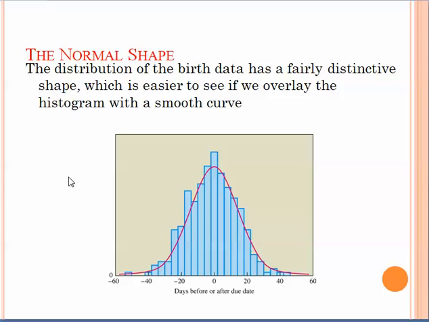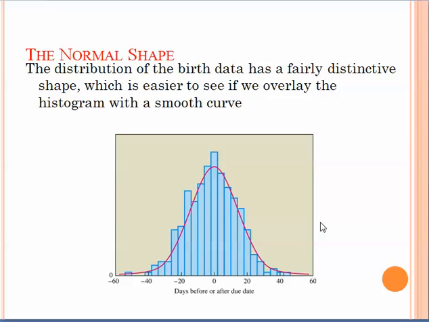This particular distribution is called the normal shape. We've seen all kinds of distributions: symmetric, left skewed, right skewed. Now we're going to focus on this particular shape, the normal shape, and it's also called a bell shape because it looks like a bell. If you draw a smooth curve on top of the distribution, it looks like a bell.